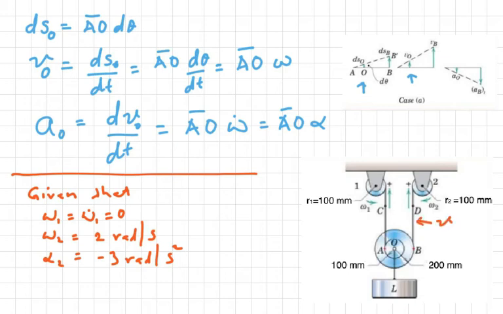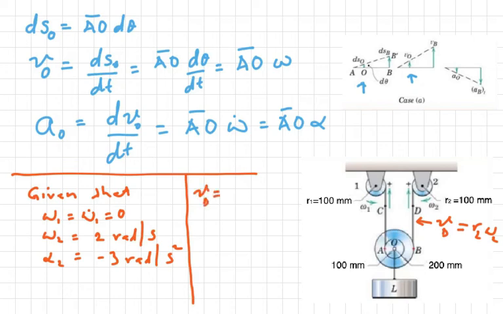So with vD equal to R2 omega 2, because we know that vD will be R2 omega 2, let's put it down here.